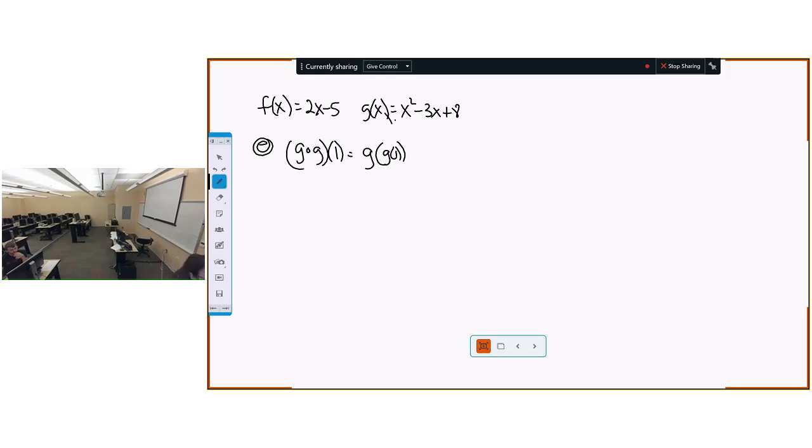Okay? So we know g of x equals x squared minus 3x plus 8. So g of 1, again, we're working on the inner one first, the inner function, would be g of 1.